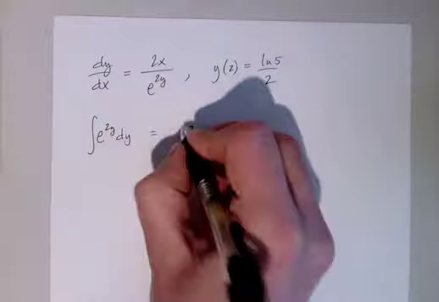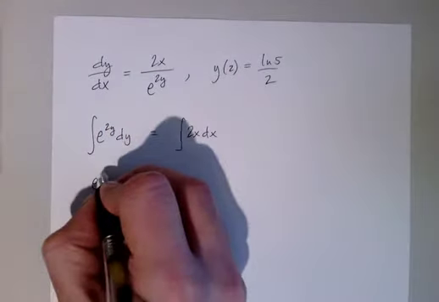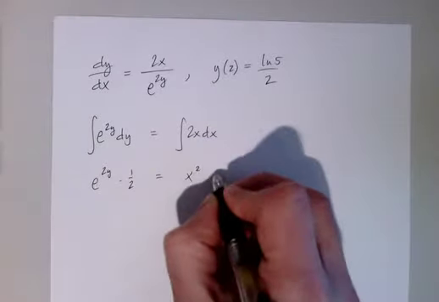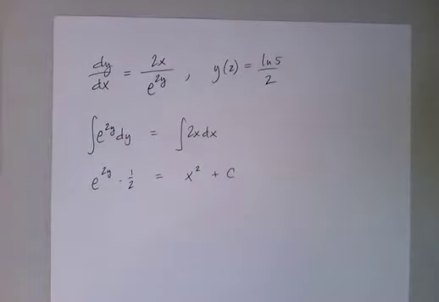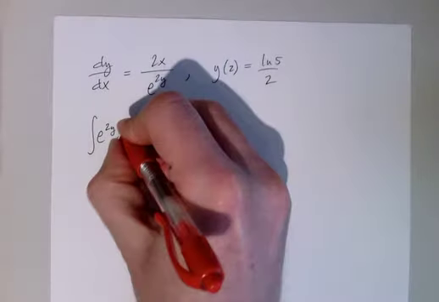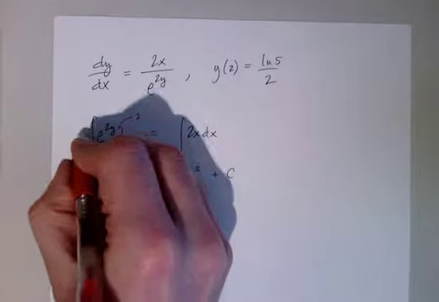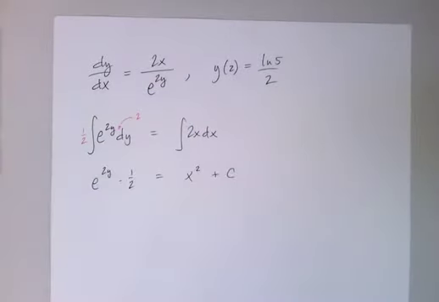Now when I integrate, I'm just going to have to make sure that I get e to the 2y times 1/2 is equal to that. Now, the reason that the 1/2 comes in is because, remember, in order to do the chain rule, you would need to drop a 2 in here in order to make it e to the u du, and that would require a 1/2 out in front.